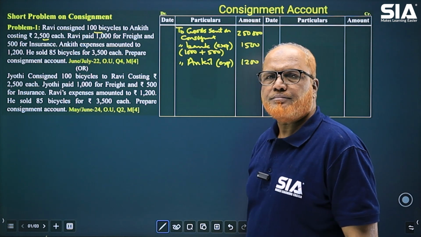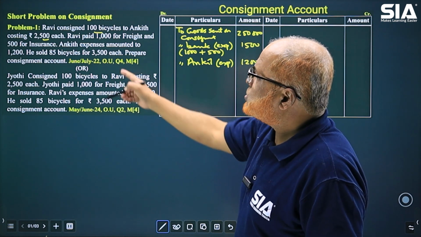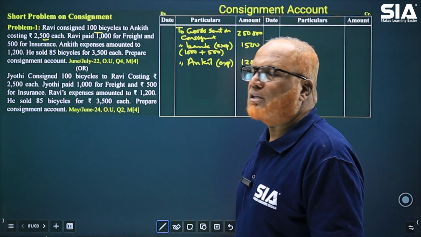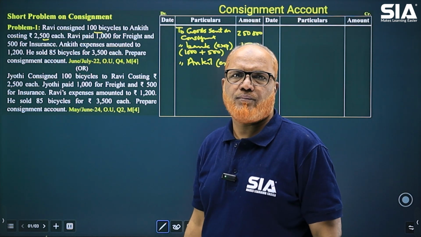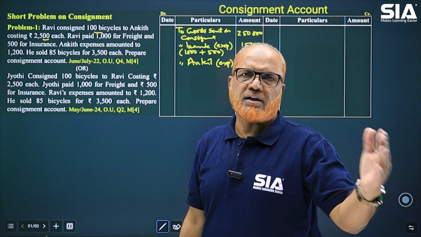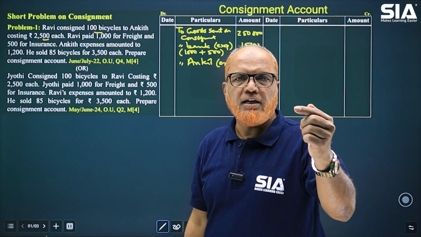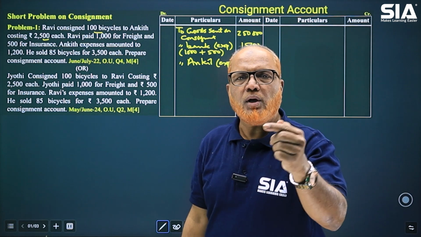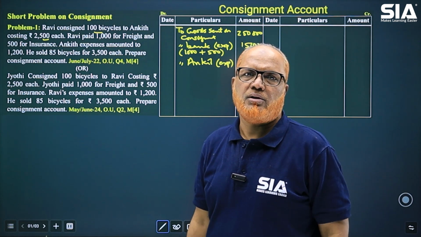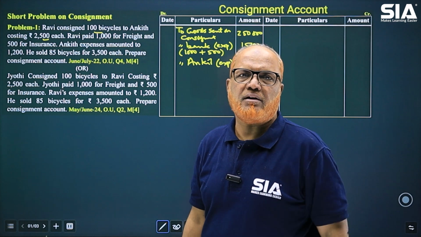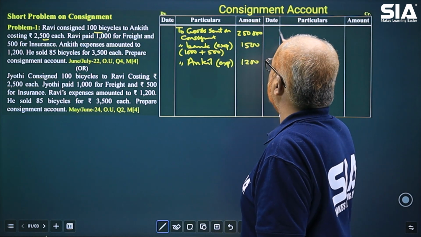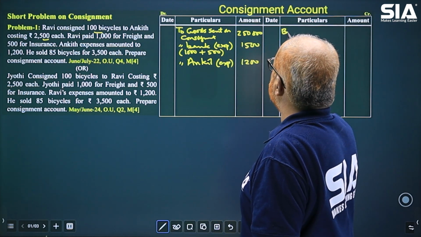That's all. Next comes, he sold 85 bicycles for 3,500 each. When goods are sold by the consignee, the entry will be consignee account debtor to consignment account. So consignment account should be credited by the consignee. The name of the consignee is Ankit.